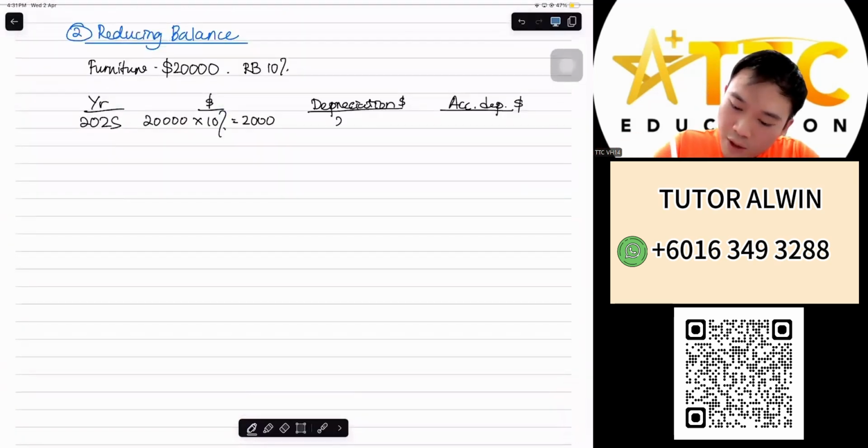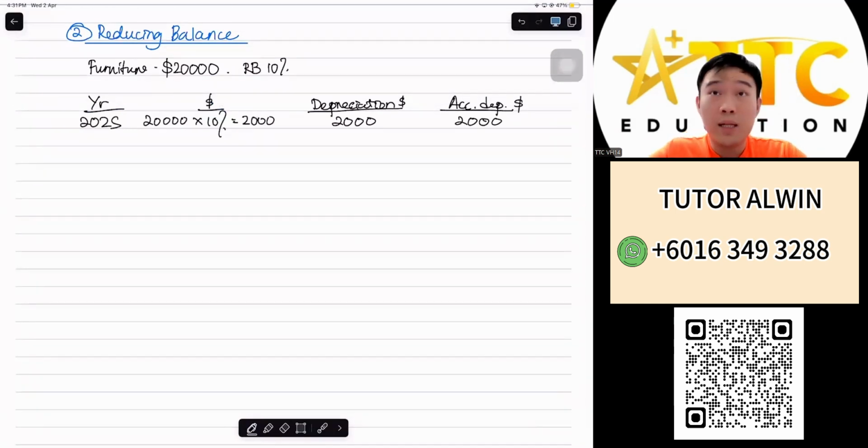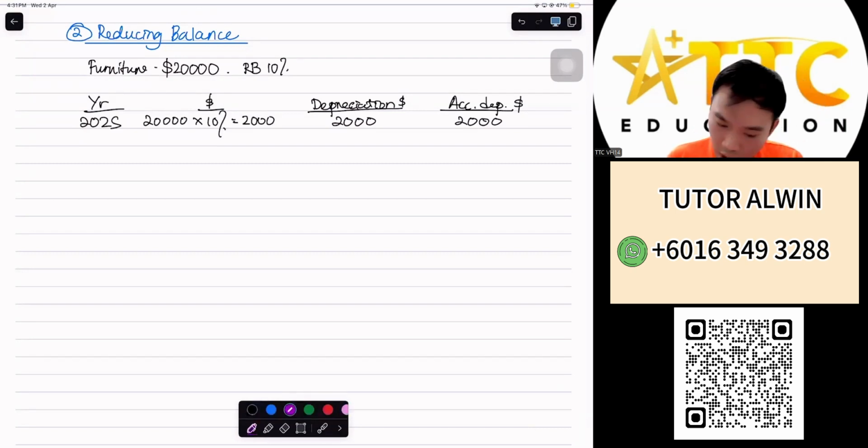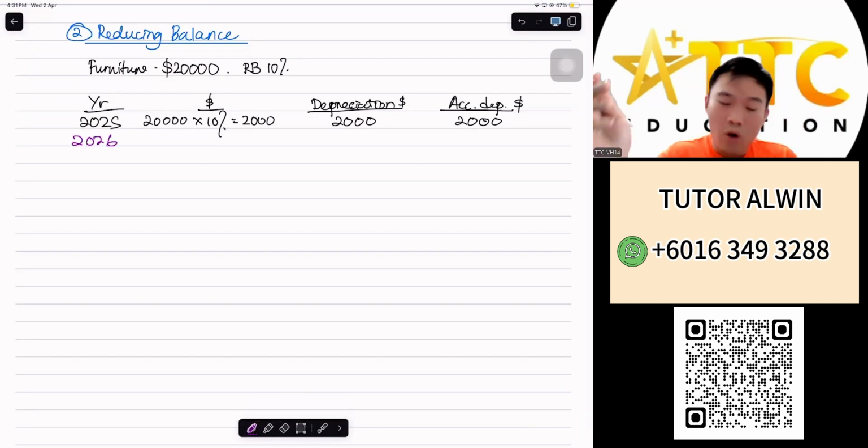So the first year's depreciation will be 2,000. Accumulated depreciation will also be the same, 2,000. Always the first year's depreciation is the same as its accumulated one. Always remember that.